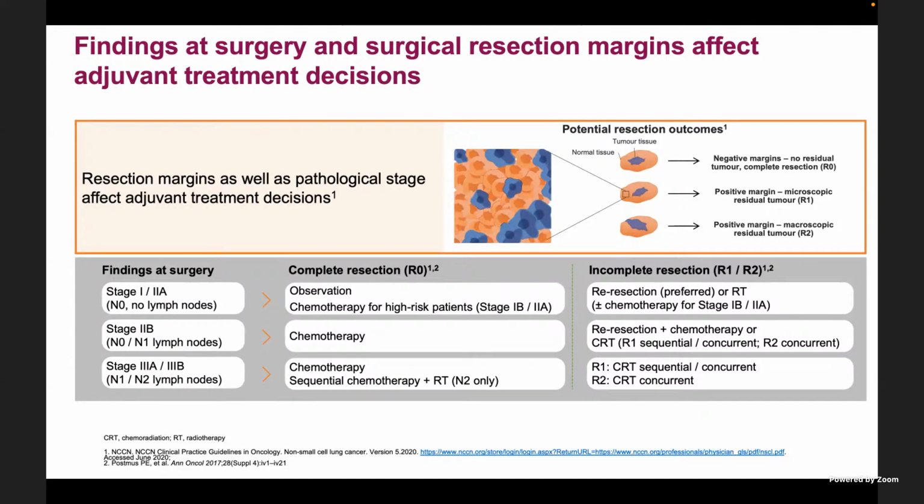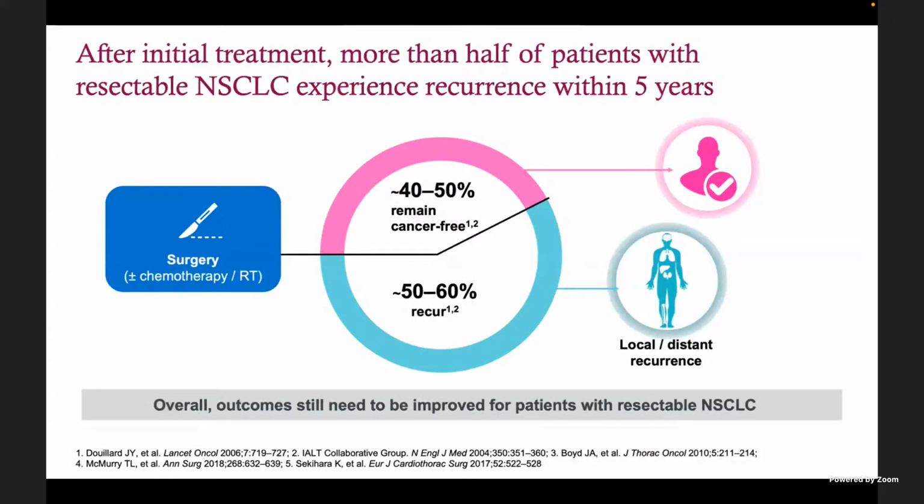And if there is a stage 3 onwards disease, the patients are definitely a candidate for chemoradiotherapy there. So even after the initial complete treatment of NSCLC, we see that more than 50% of patients do recur locally or distantly.